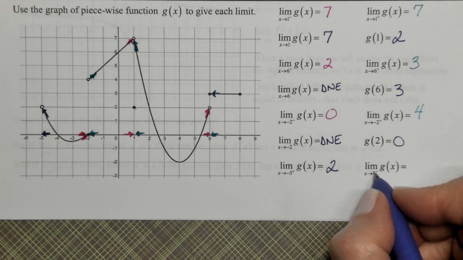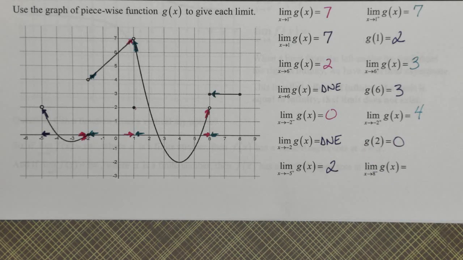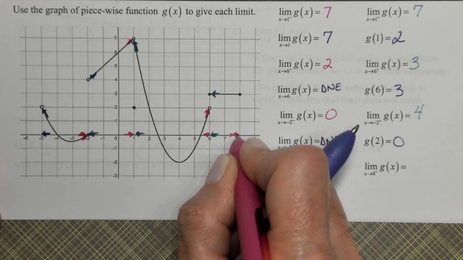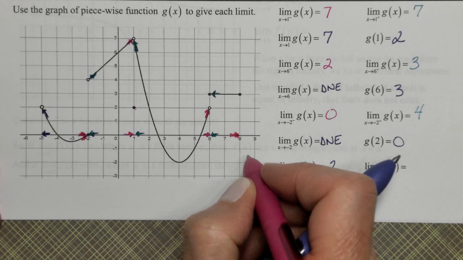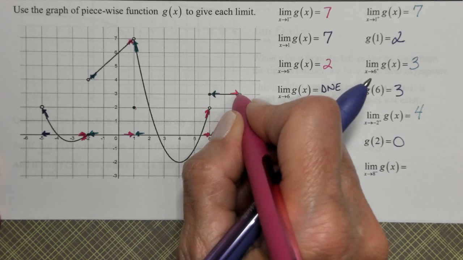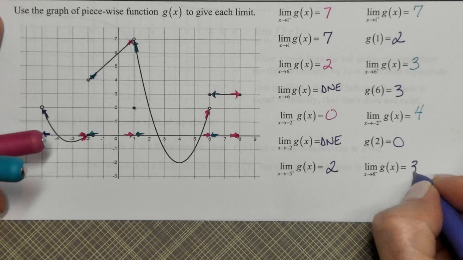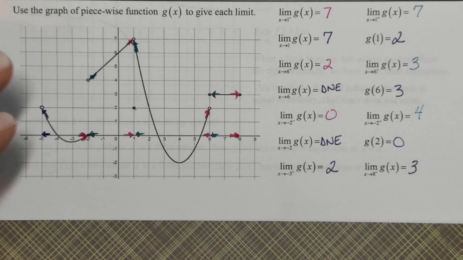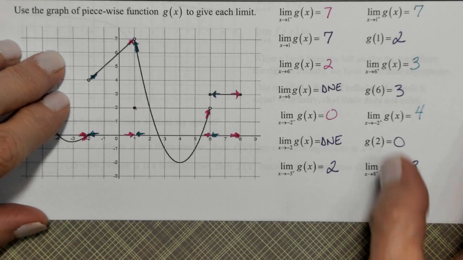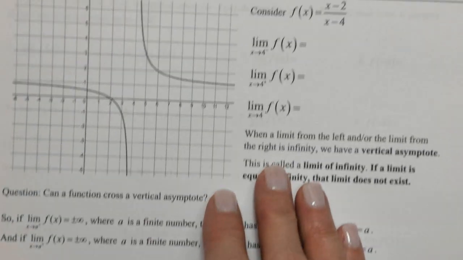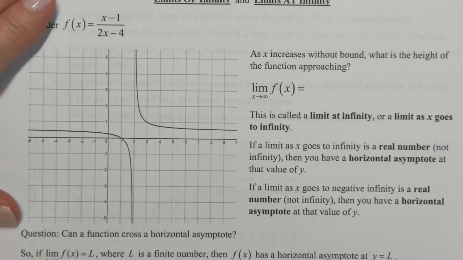Let's approach 8 from the left. 8 from the left will be right there. 8 from the left, the function value is approaching 3. So that limit would be 3. So the piecewise functions make for some very interesting graphs.